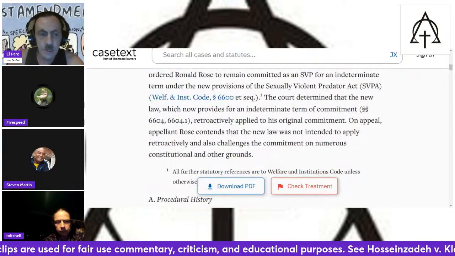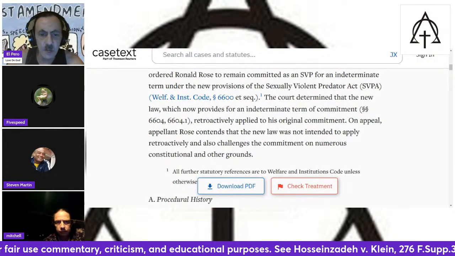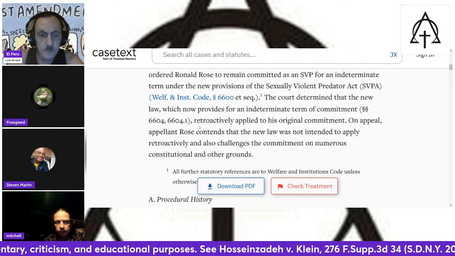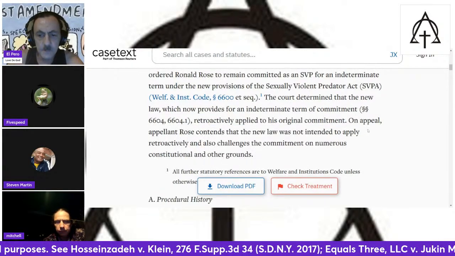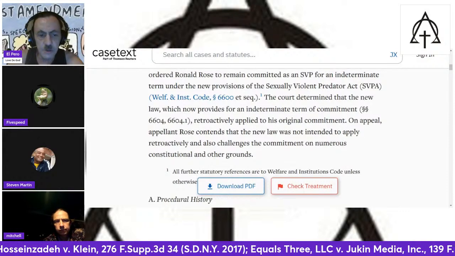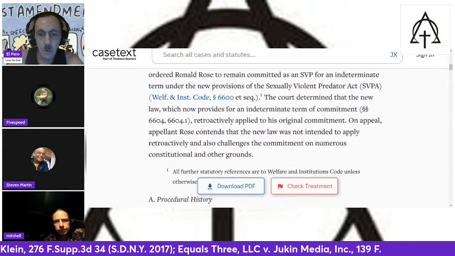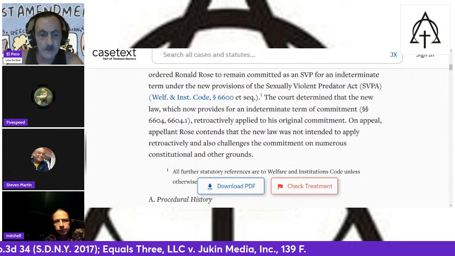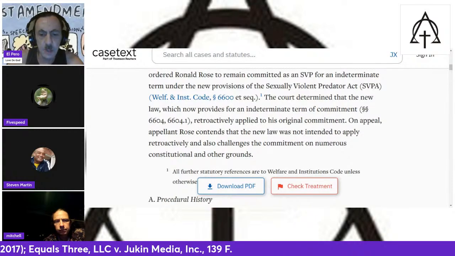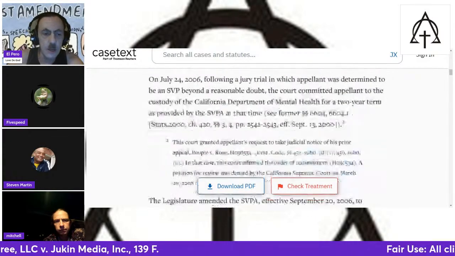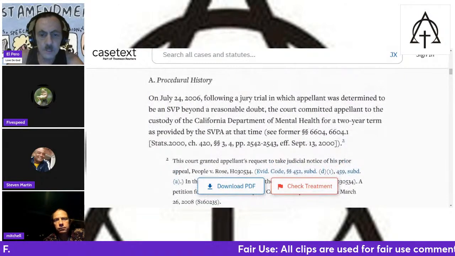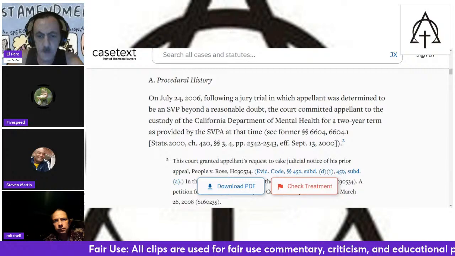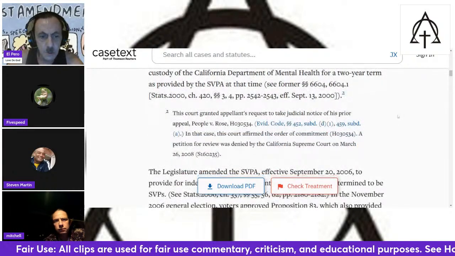The court determined that the new law, which now provides for an indeterminate term of commitment, applied retroactively to his original commitment. On appeal, Appellant Rose contends that the new law was not intended to apply retroactively and also challenges the commitment on numerous constitutional and other grounds. I don't know what this has to do with indemnification, California mental health for a 2-year term.